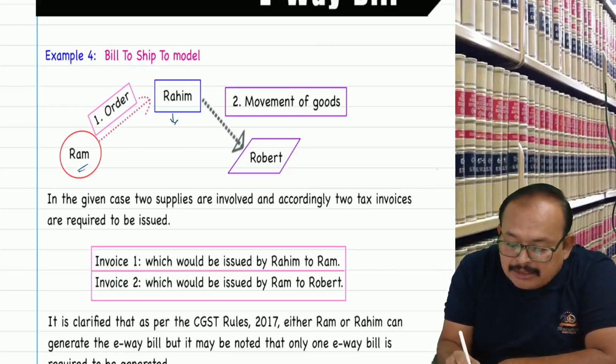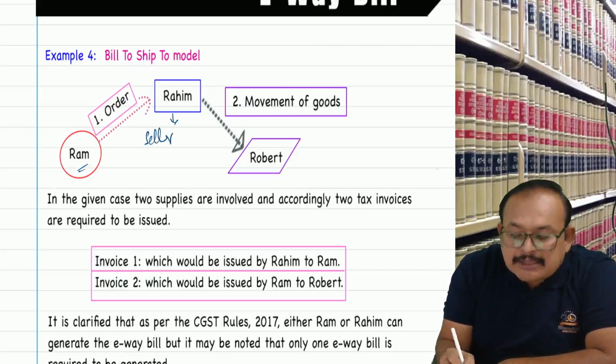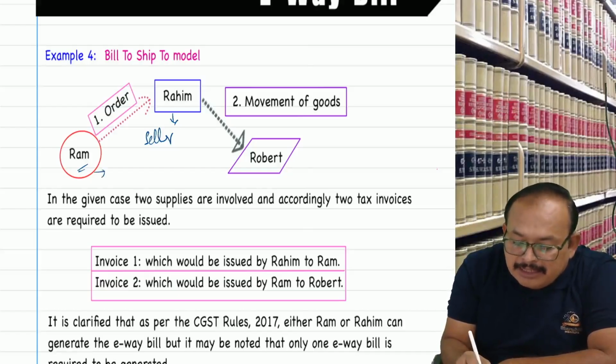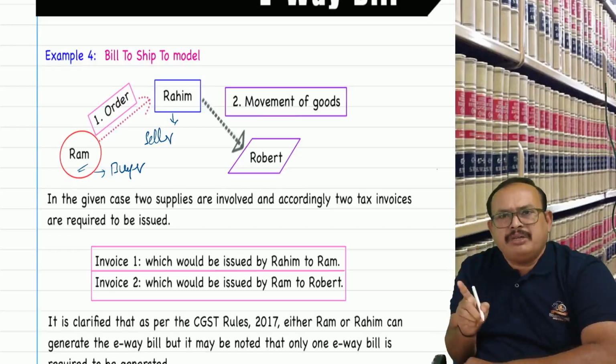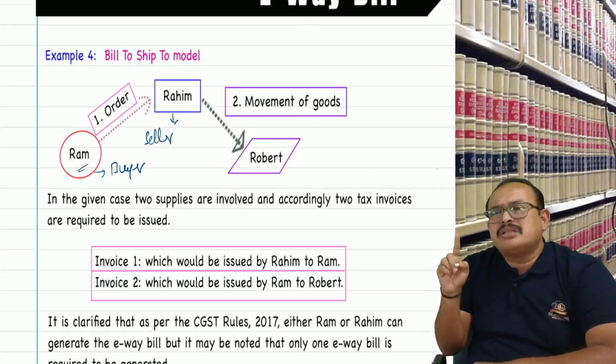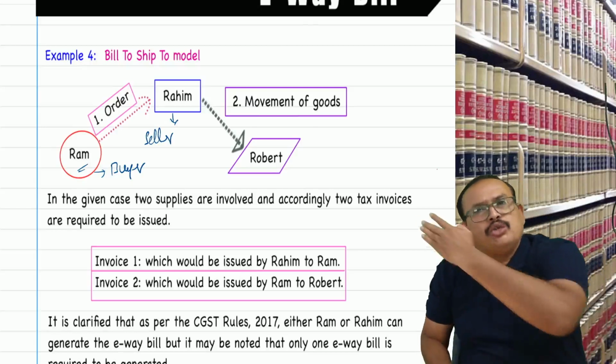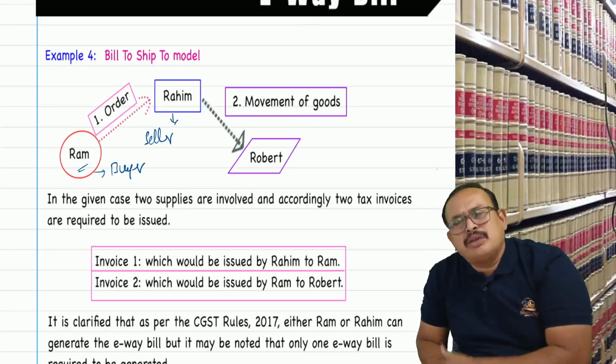Rahim is the seller, and Ram is the buyer. Ram requested, hey Mr. Rahim, could you supply the goods on my behalf to my buyer, who is Robert?